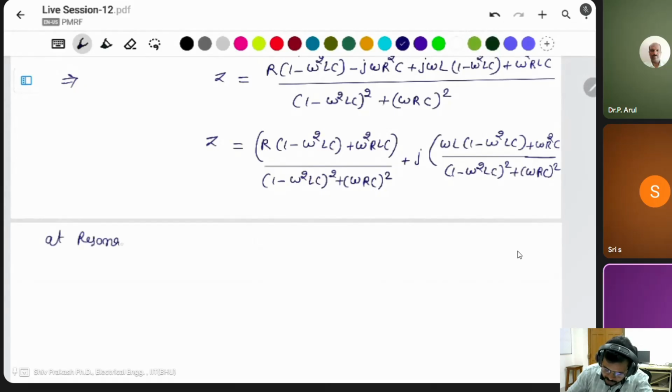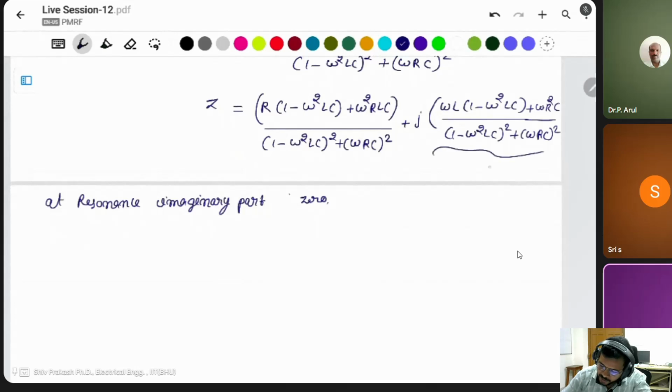At resonance, the imaginary part is 0. Put the imaginary part as 0.